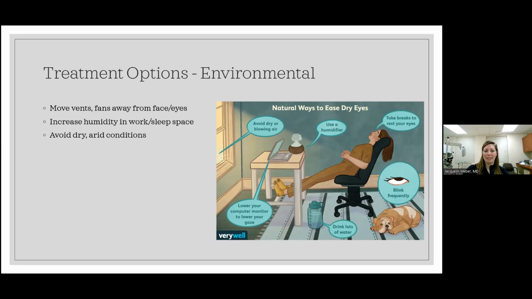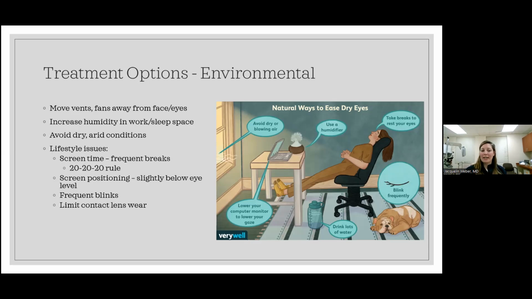You want to avoid any dry and arid conditions as much as possible. So places like the Southwest or in desert locations or in really, really hot locations that are sandy, all of those things can exacerbate dryness. So trying to limit that as much as you can will be beneficial.